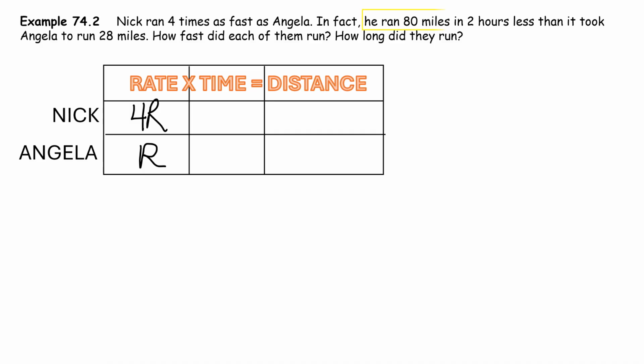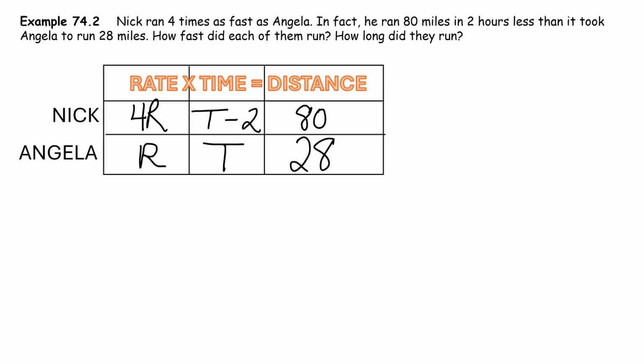It says he ran 80 miles and she ran 28 miles, so we'll go ahead and fill those in. And then it tells us that he ran 80 miles in 2 hours less than it took her. So his time is 2 less than hers. So if her time is t, his time is going to be t minus 2.